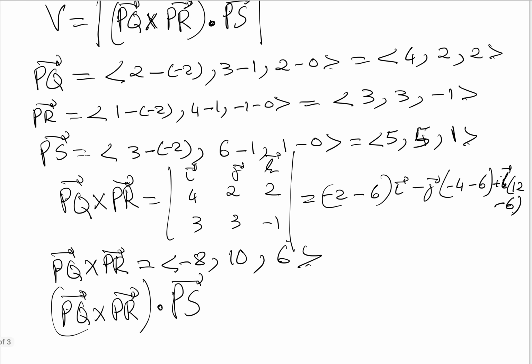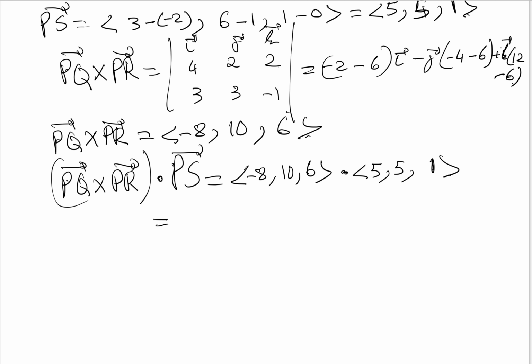This one is equal to negative 8, 10, and 6, and you have the dot product with PS, and PS is 5, 5, and 1.